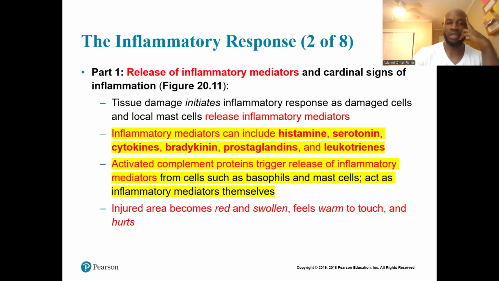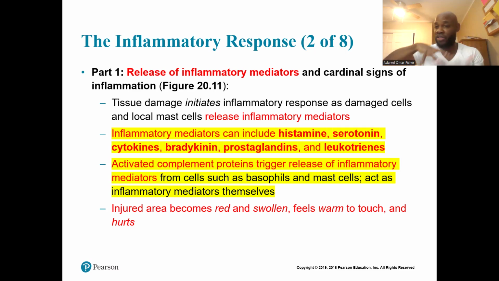So, part one, release of inflammatory mediators. Tissue damage happens by one of those methods. We release these inflammatory mediators: histamine, serotonin, cytokines, prostaglandins, activated complement proteins.